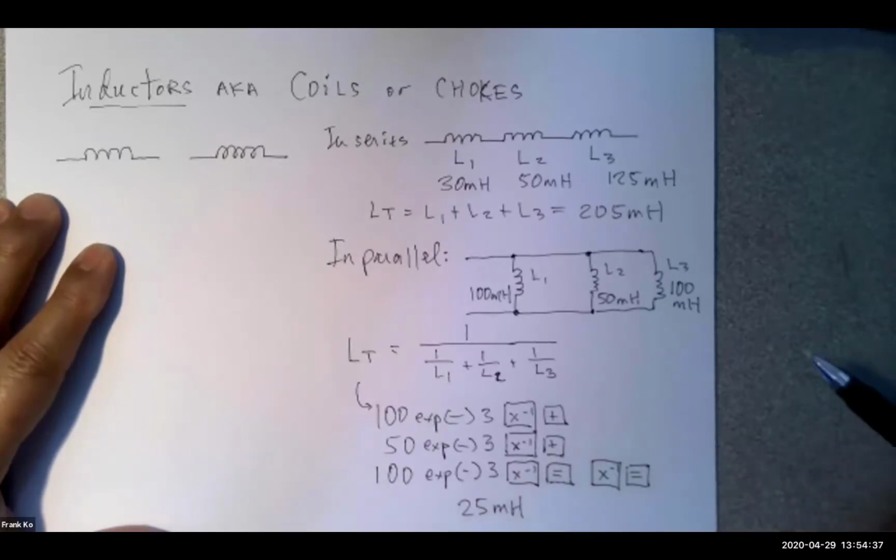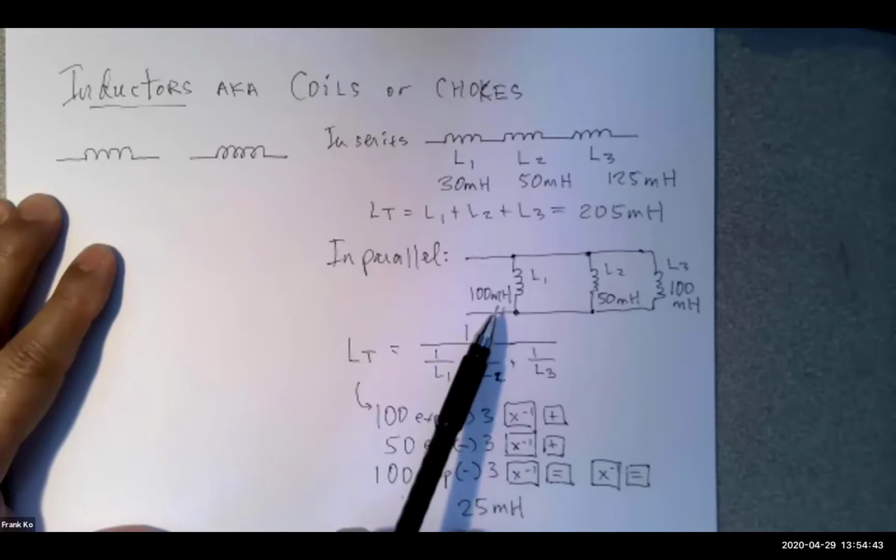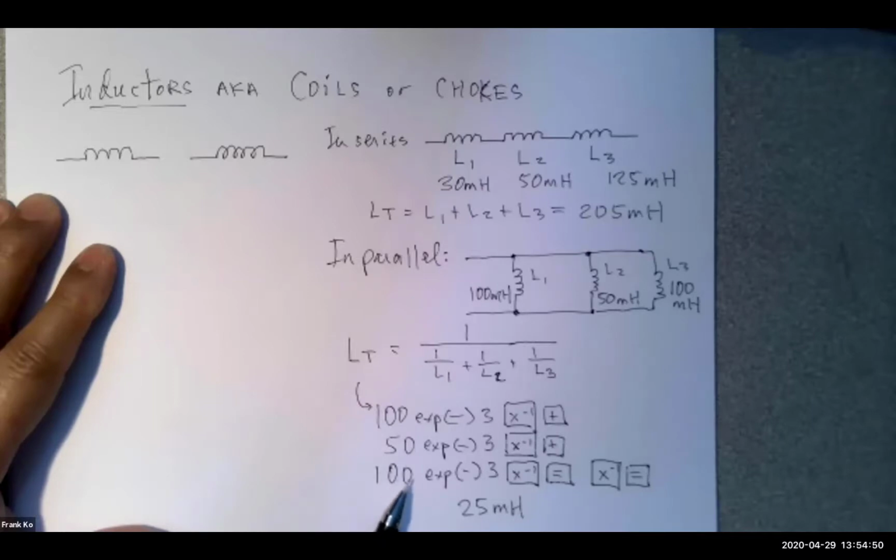And so what's very important here is don't forget to enter your exponent negative threes, because if you're starting with milli, you don't just punch in 100 reciprocal plus 50 reciprocal plus 100 reciprocal. That would be incorrect.